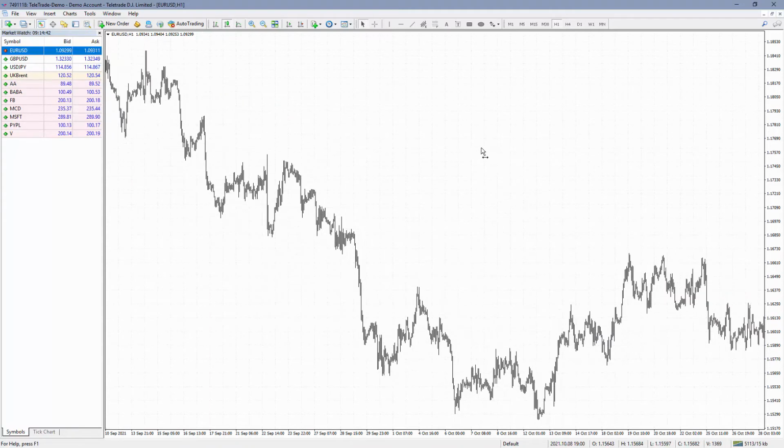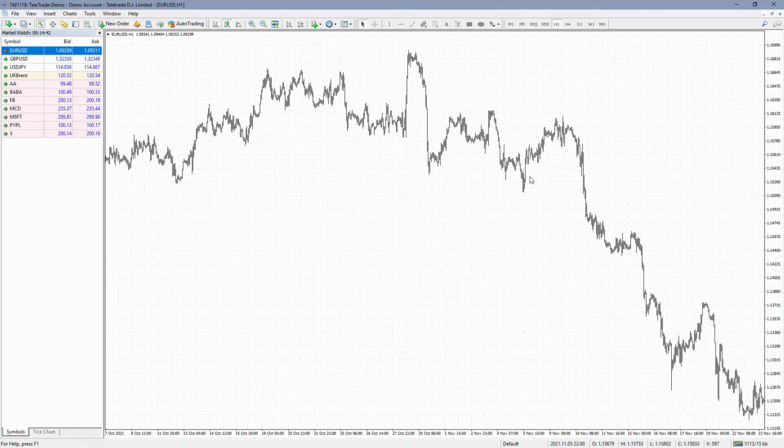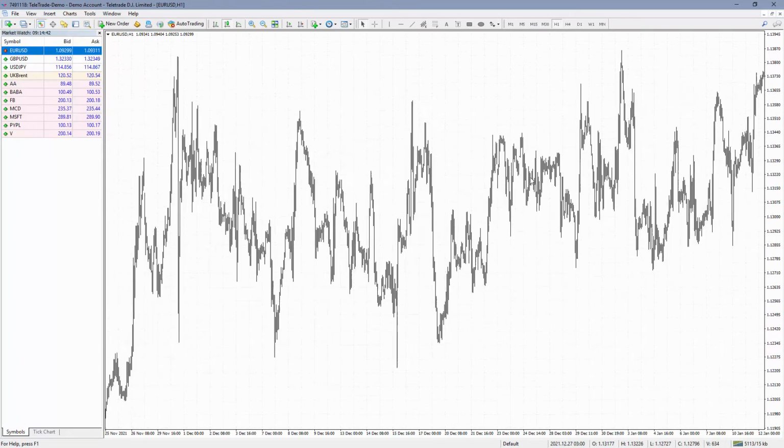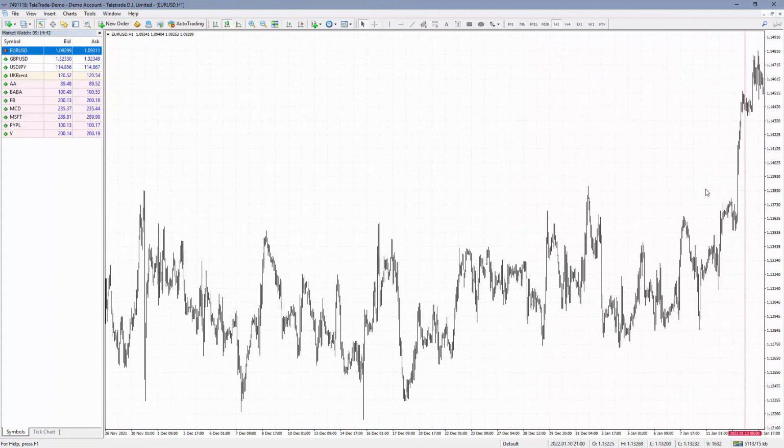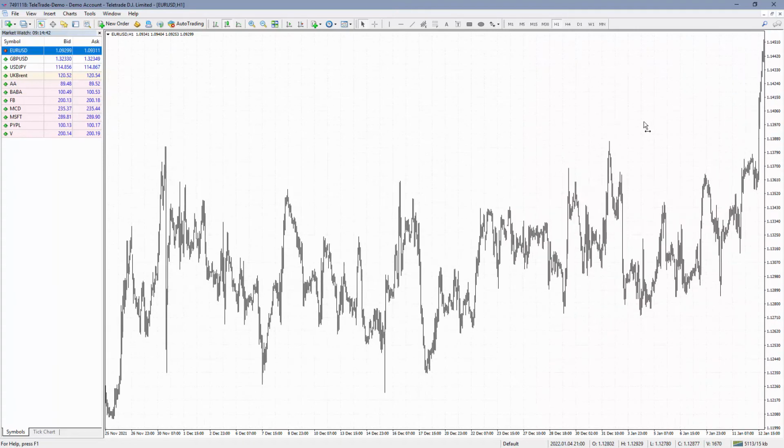We are looking for the next point that we received on the daily chart. This is the point.